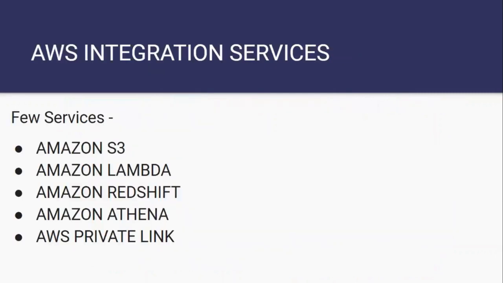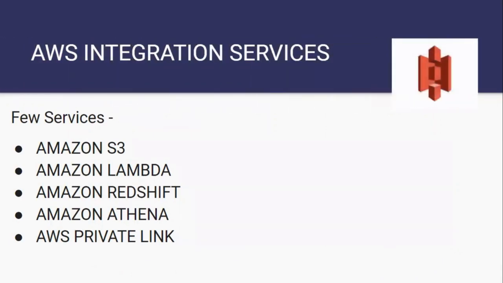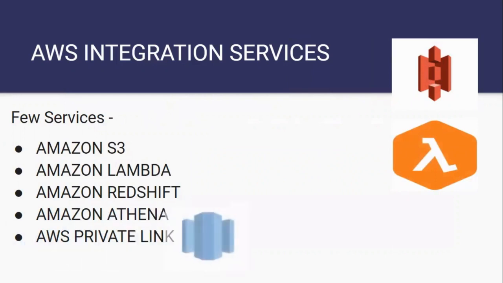Here are some primarily used AWS services. So here is Amazon S3. It can be simply abbreviated as Simple Storage Solution. It is the object storage through a web interface. Next is Amazon Lambda. It is a serverless compute service for processing events. Amazon Redshift.